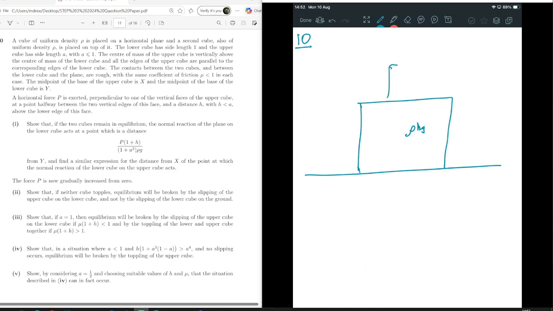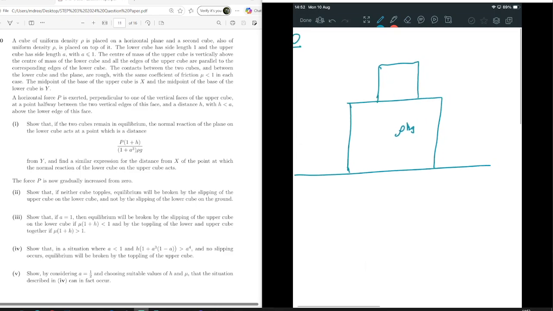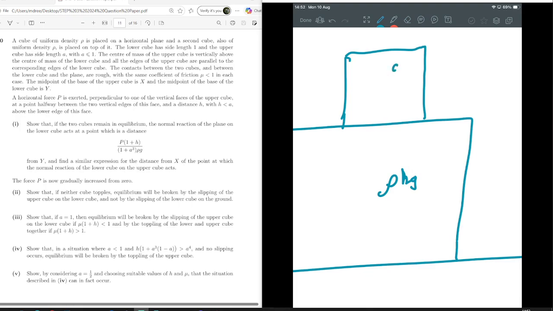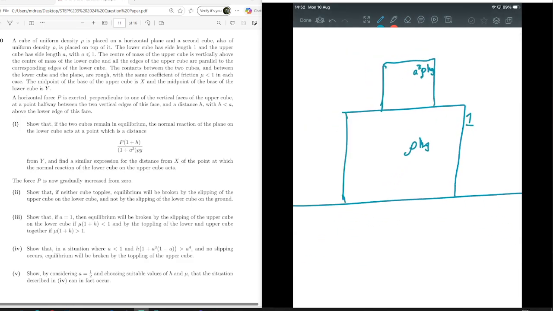So our upper cube is placed symmetrically on top with a mass of A cubed rho. We've got side lengths of 1, side lengths of A. The centre of mass is vertically above and all the edges of the upper cube are parallel to the corresponding edges of the lower cube. So it's all placed perfectly, symmetrically, and in line with everything.